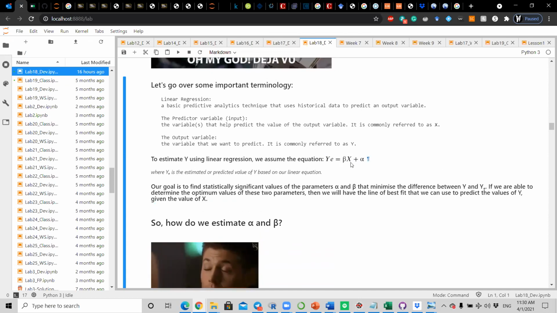So what is X? Not just in our example, overall, what is X? Independent variable. Or our input. And what is YE? Your dependent variable, your output. The output.